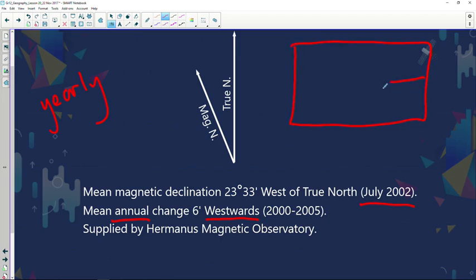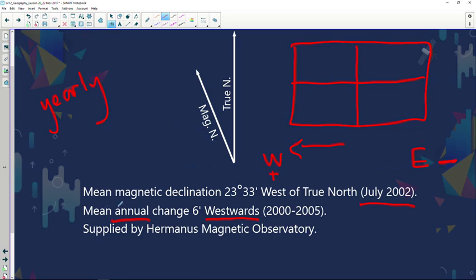Now the equator separates the northern from the southern hemisphere, and the Greenwich separates the eastern from the western hemisphere. When we move west, we add up. When we move east, we subtract. Just keep this in mind when I'm coming back.